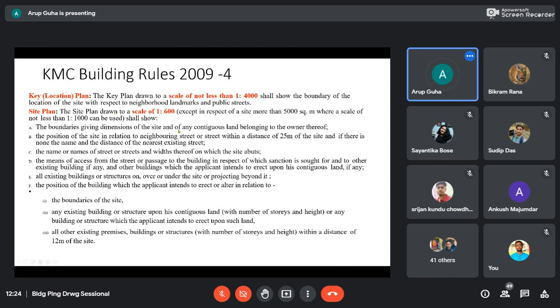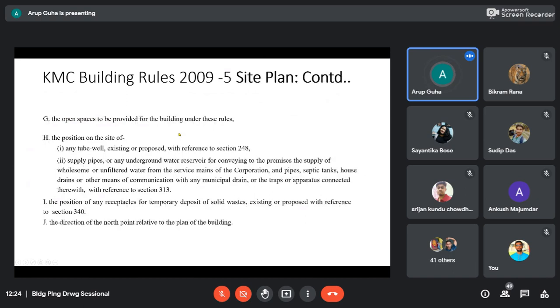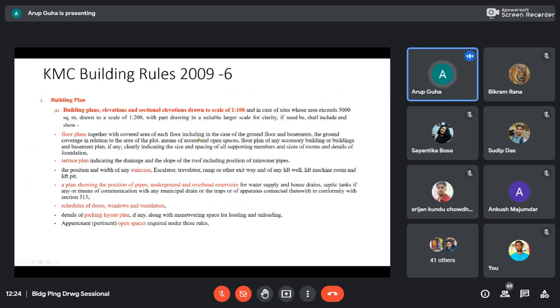There is no use talking too much about these. Ultimately the building plan must be there, certain scales etc. are there. Since this will be passed on to you, it is not needed here, we can have this thing.